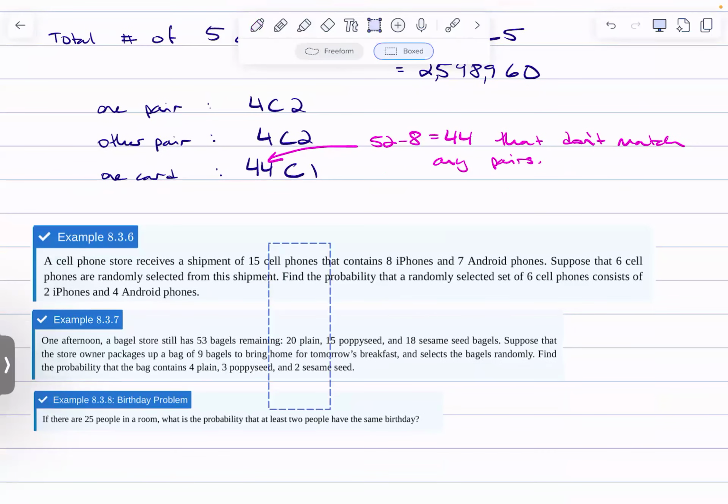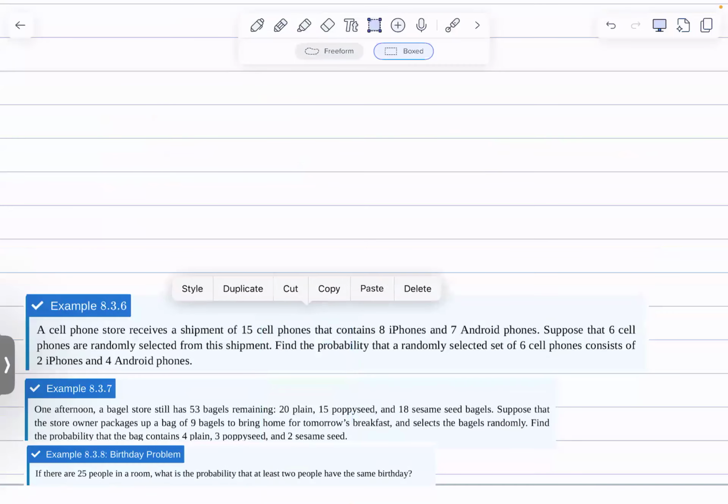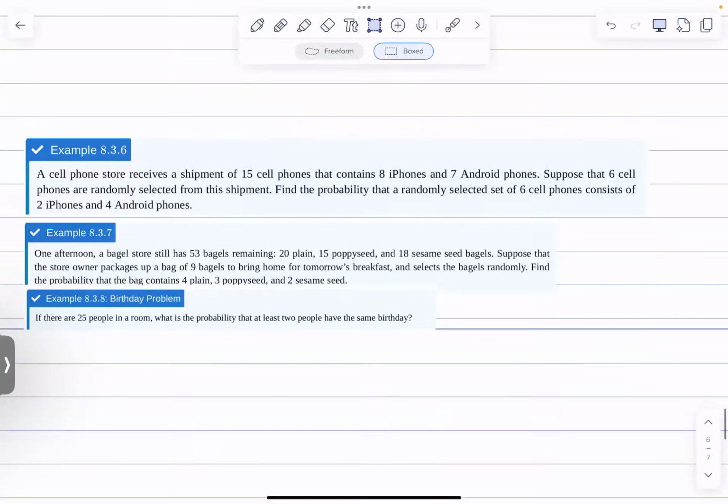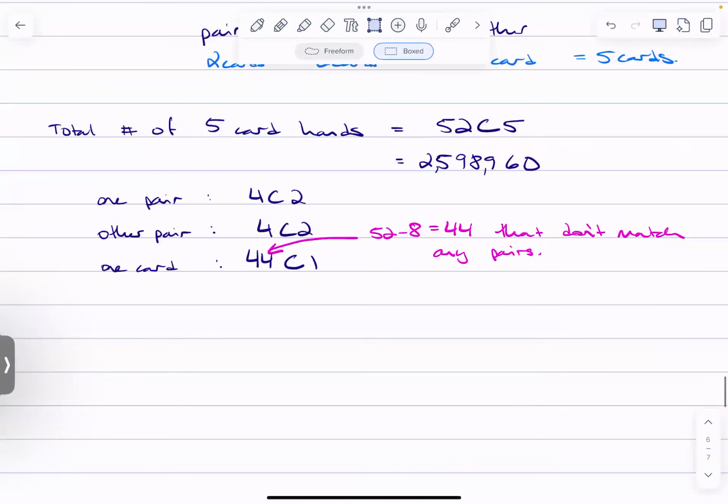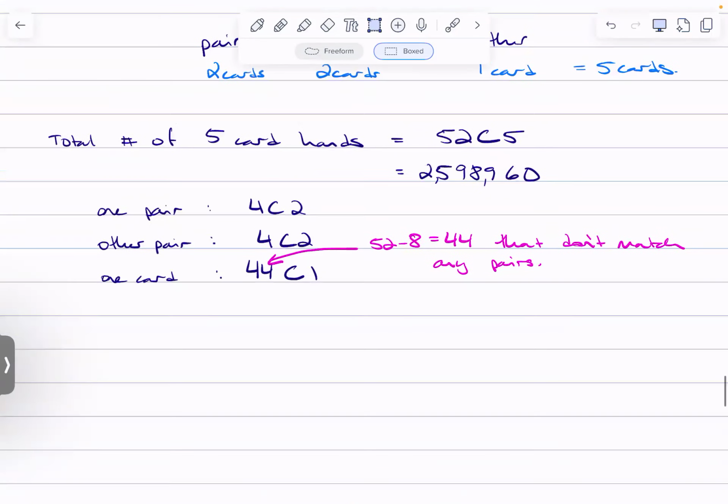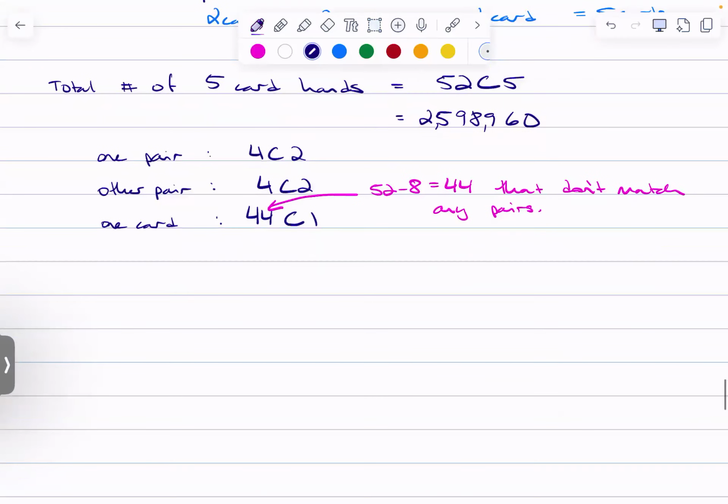Need more room. Okay. So to get this, 2 pairs and 1 card, I would have to have 4 choose 2 and 4 choose 2 and 44 choose 1. So far, I'm on board.